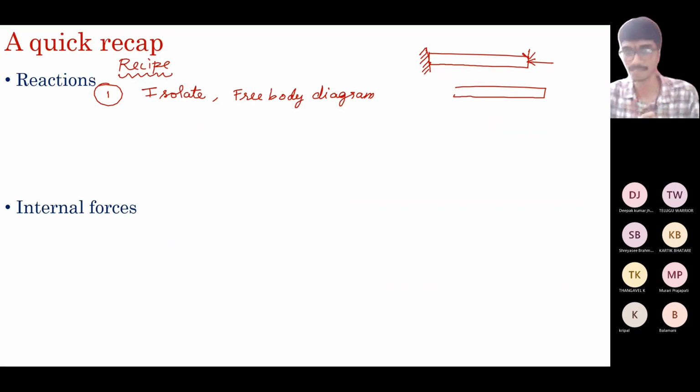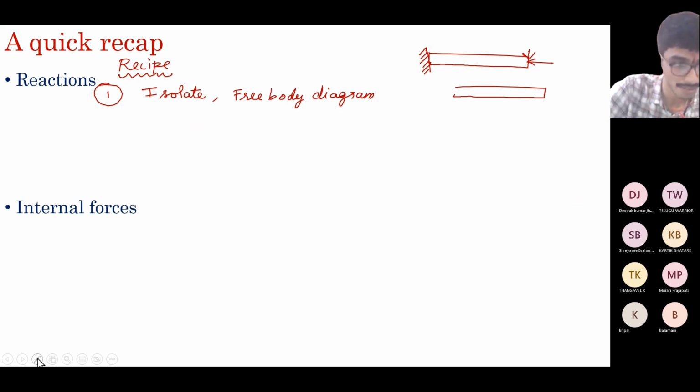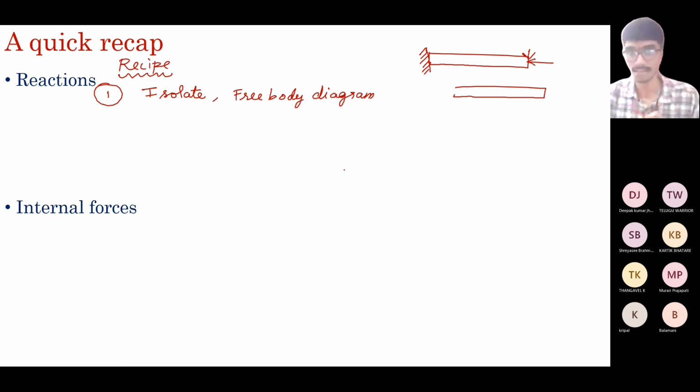So as I said, the first step in solving for the reactions is to denote the reactions: remove the support and denote the reactions by certain forces. You can use any sign convention, but you should be using a consistent convention. So in this case, suppose this beam is AB.